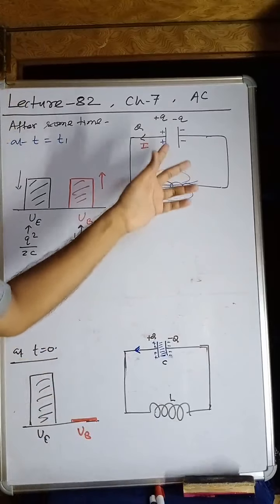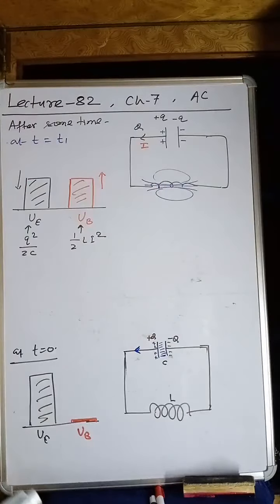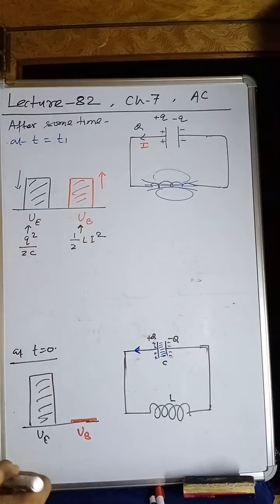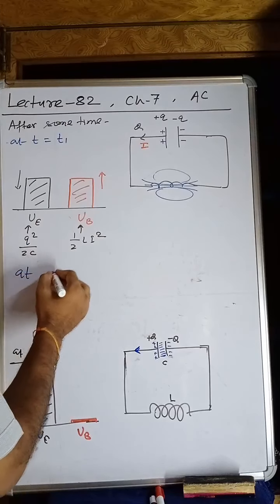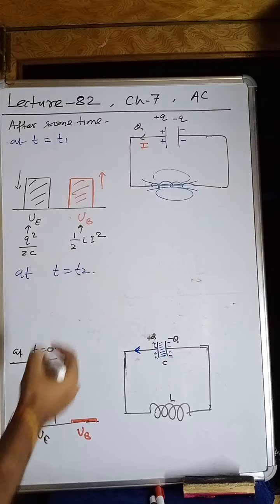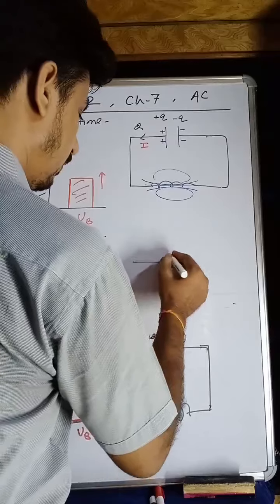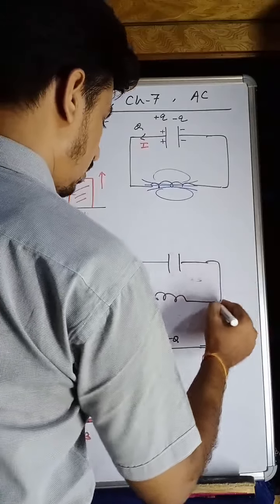But before that, it has been discharged completely, and that will be represented by this diagram at any time t2. At time t2, my dear students, what can we write here? This is the capacitor and inductor.